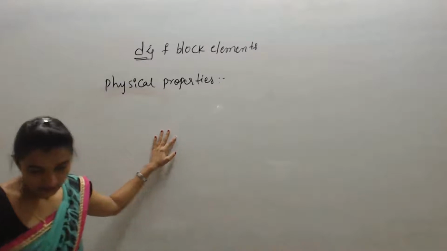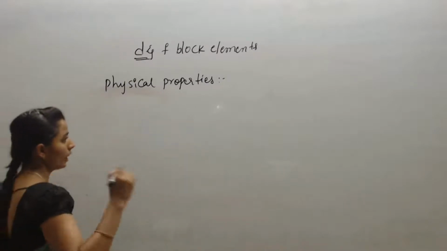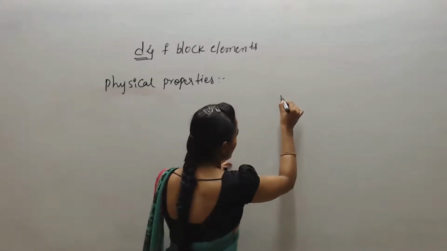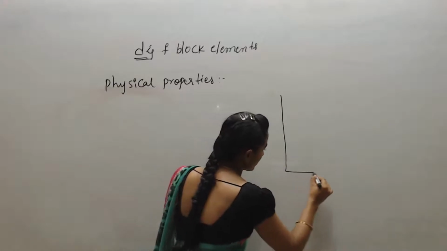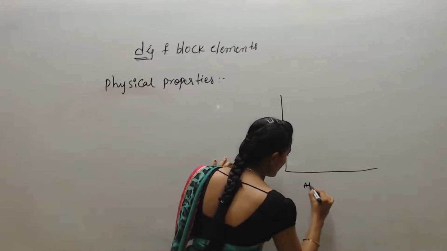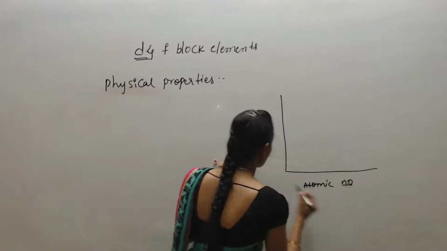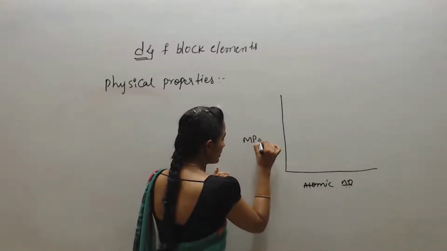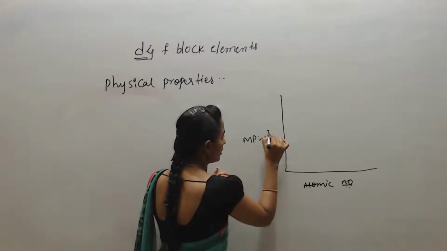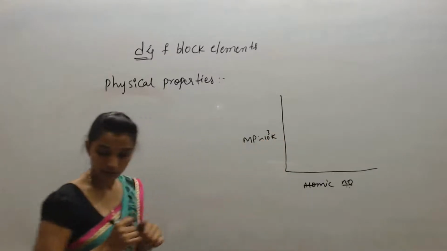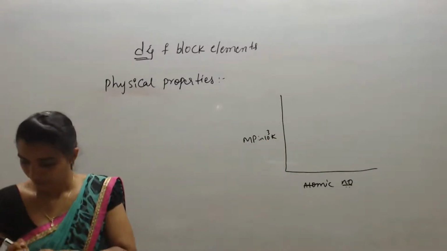Okay, so students, I'll draw a diagram here first. This is atomic number, and this is melting point in 10 to the power 3 kilojoules.